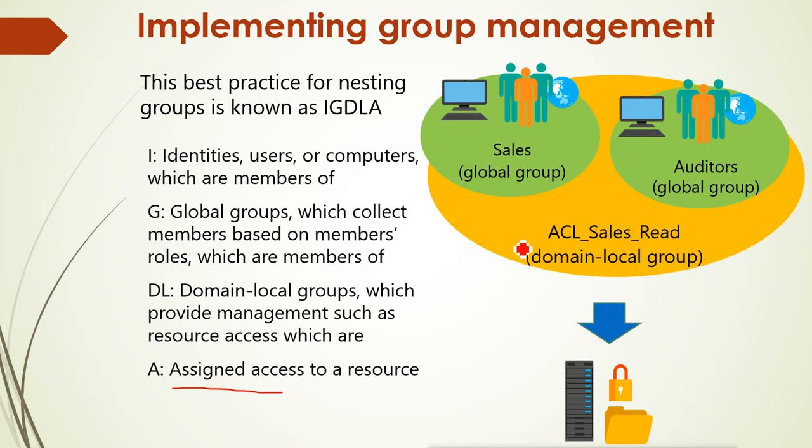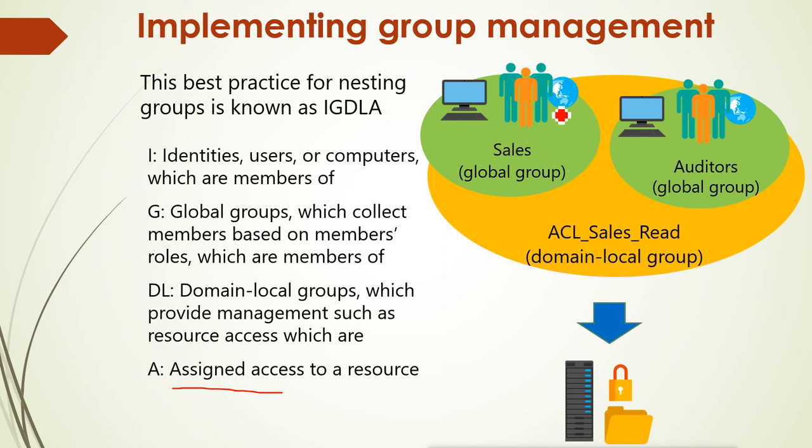And the other is the universal group. The universal group can be used to give permission anywhere in the forest. You can make the user a member of a universal group, and then you can give the permission to that group anywhere in the domain, anywhere in the forest. So that is the different thing. But if you want to use the global group and domain local group, this is the best practice.